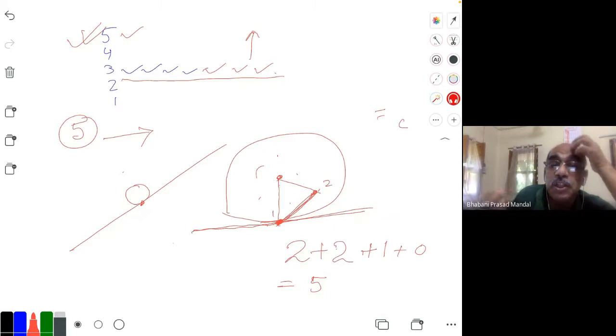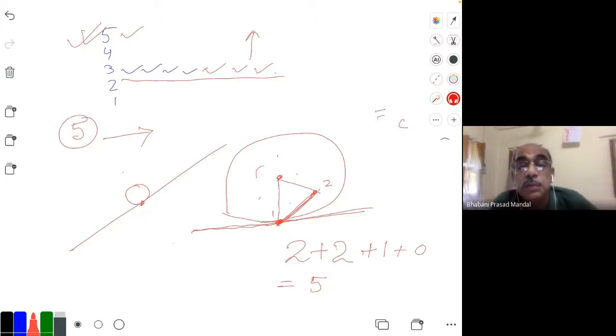Football, a rigid body moving on a plane, that does not mean the body is a plane. Body is 3-dimensional. A rigid body is 3-dimensional, but it moves on a plane. Moves on a plane means that there will be one point of contact. That way you define that there will be one point of contact. If there is no point of contact, then the rigid body is not moving on a plane, it's moving in space.